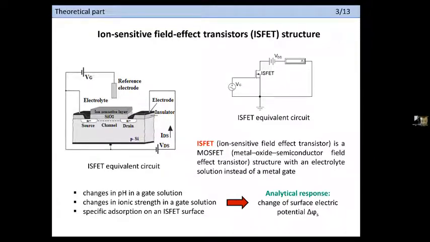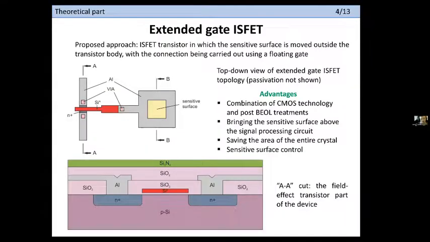So in this work, we propose formation of such a transistor with a modification called extended gate, in which the sensitive surface, which is directly in contact with the electrolyte, is moved outside the transistor body, and the connection between them is carried out using a so-called floating gate. Such a design has several advantages.